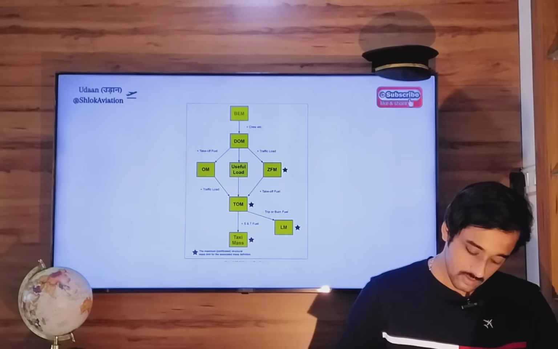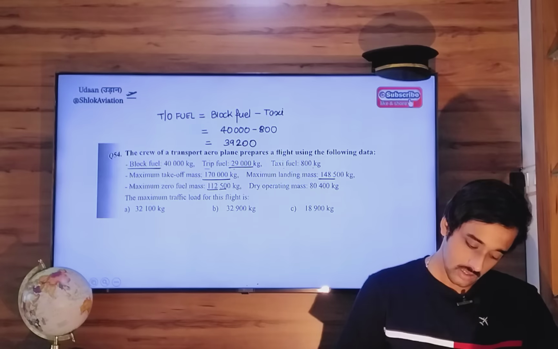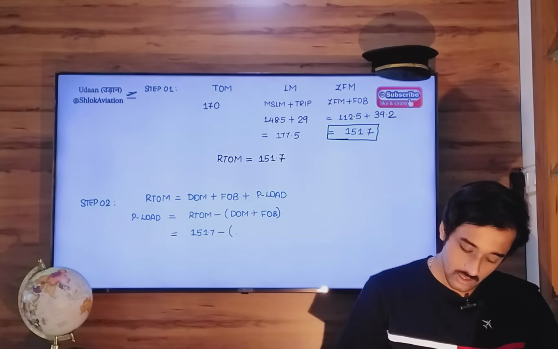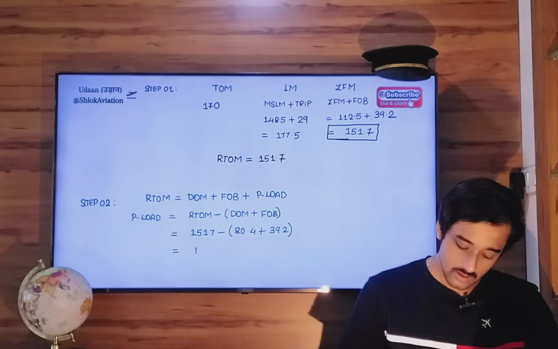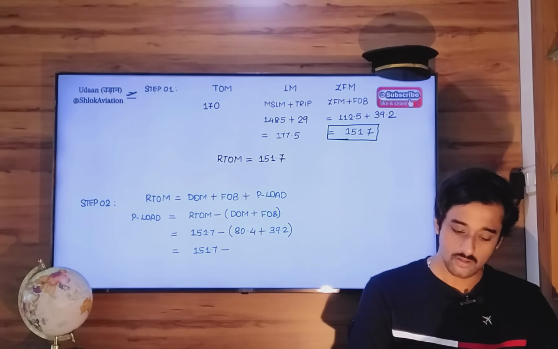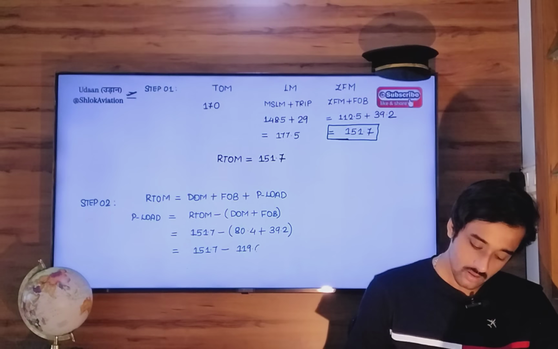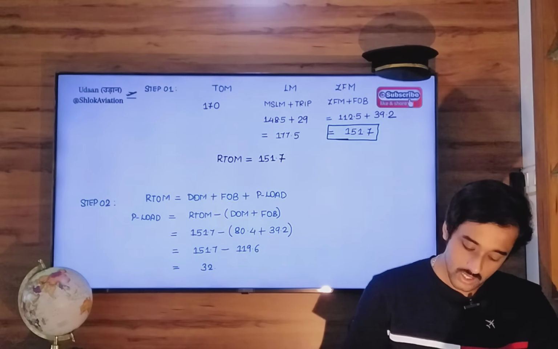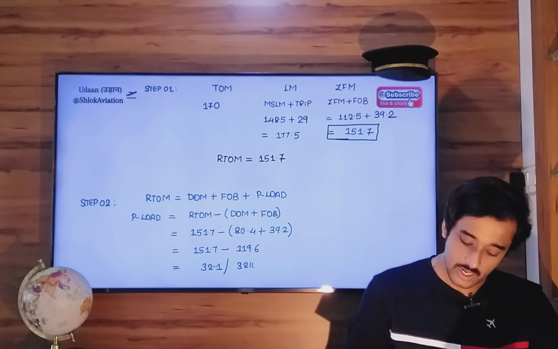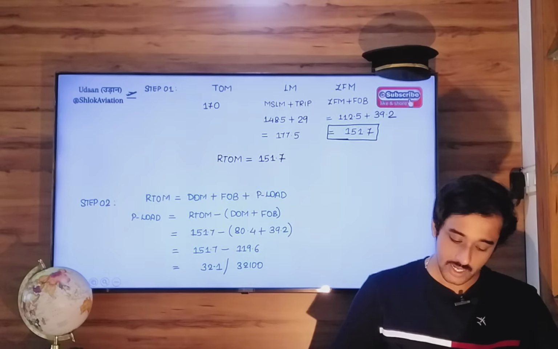That is 151.7 minus 80.4 plus fuel on board 39.2, which is 32.1, or 32,100 kg. So option Alpha, 32,100 kg.